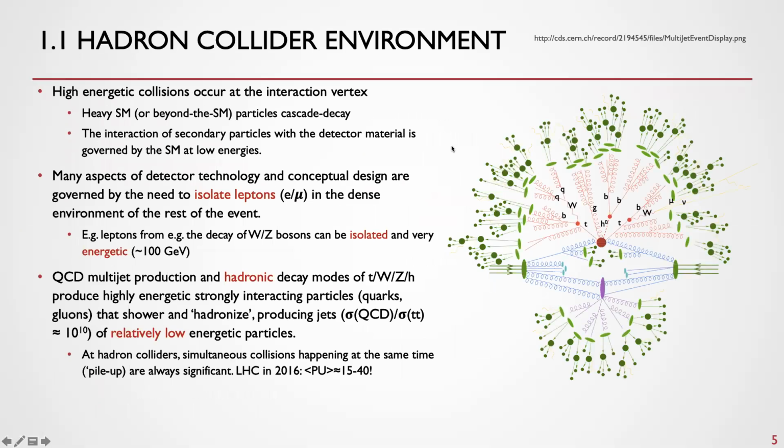We have discussed at length the environment at the Hadron Collider. Now, from the point of view of a detector, the problem to solve is to find a muon, for example, in a dense environment of the hadronized final states from initial state quarks, stop quarks, Higgs bosons, and whatnot.